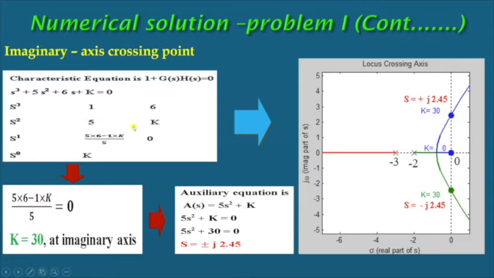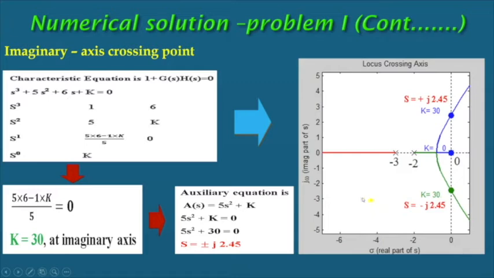Then from the above row, we consider the auxiliary equation, which is 5s square plus K equal to 0. At the imaginary axis K equal to 30. Then find the value of s, which is plus minus j 2.45. This is the value of s at the imaginary axis.